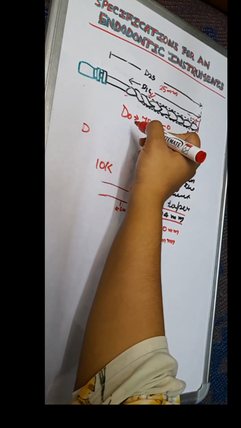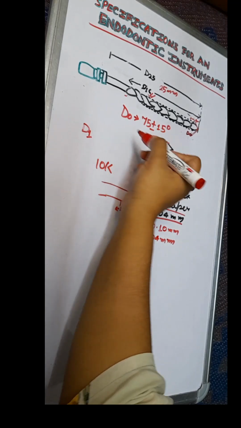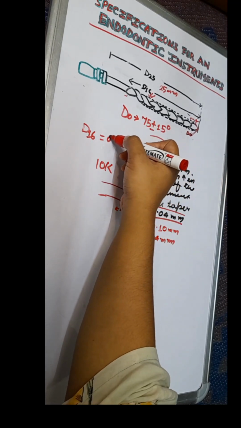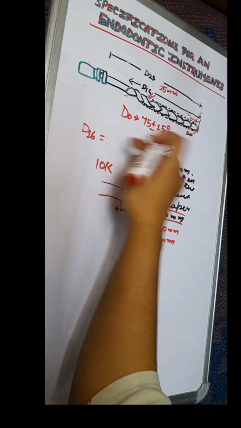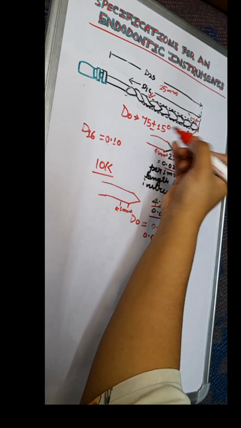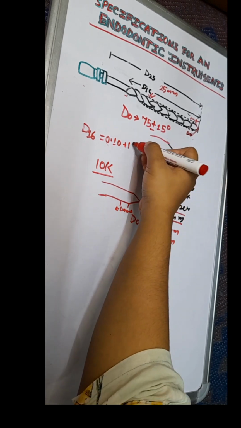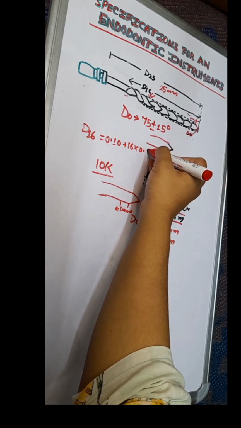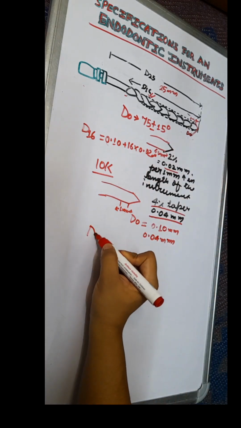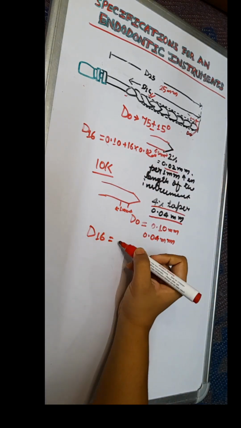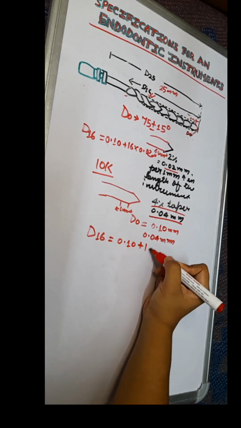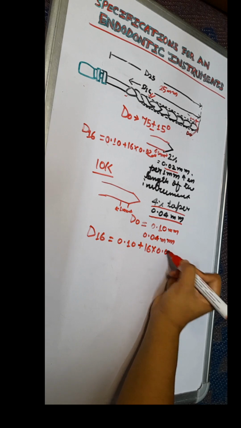So the D16 of 2% taper of a 10K file is 0.10 plus 16 into 0.02 mm, and D16 of 4% taper of a 10K file would be 0.10 plus 16 into 0.04.